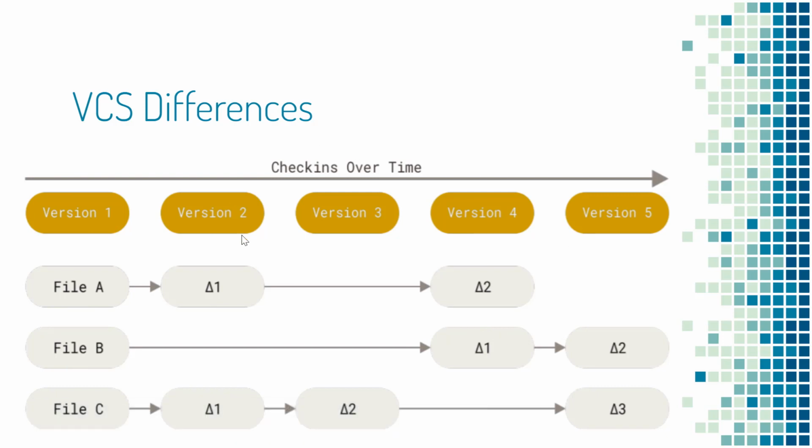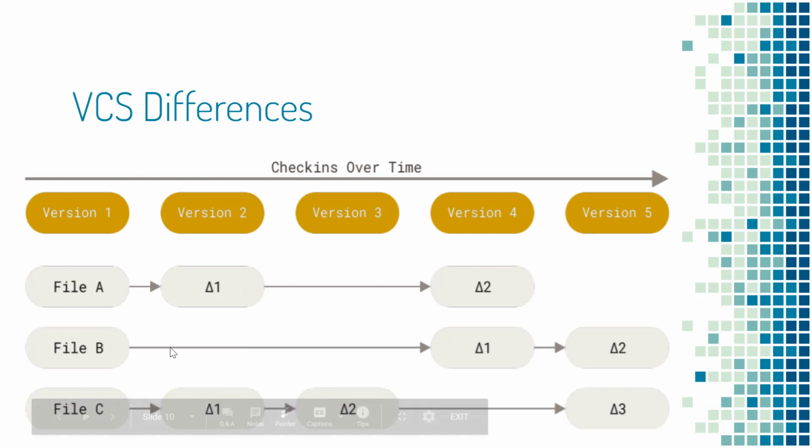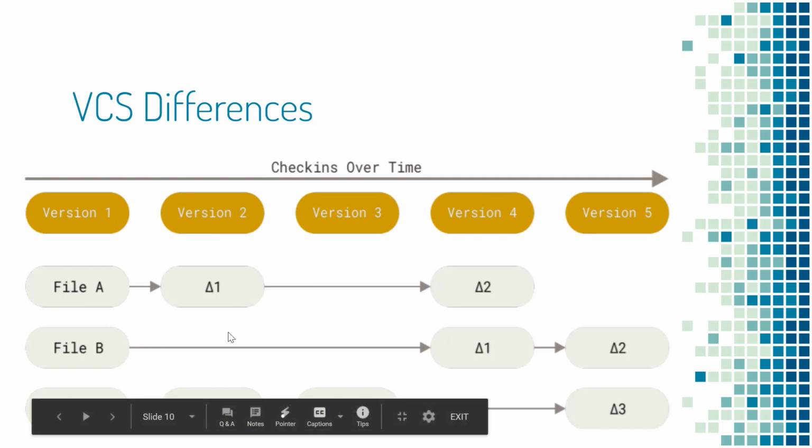The VCS differences is the difference between each version to the next. If the file hasn't been modified, then it won't be counted in the differences.